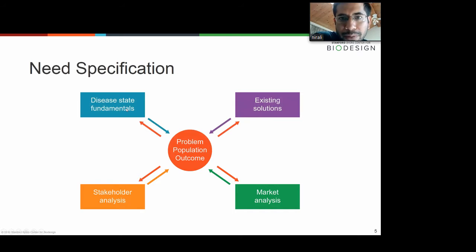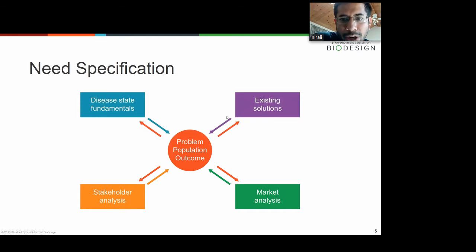What are the results of the problem? Just understanding all of the pieces of the problem. In medicine, it's about the anatomy, the mechanism of action, how does the disease manifest, what are the root causes of the disease, is it genetic, is it environmental, and so on. Really breaking down the fundamentals is the first step.